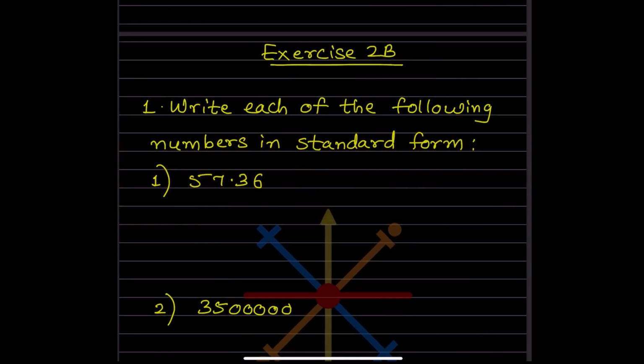To make it less than 10, after the single digit we'll put a decimal. So we write 5.736, and we have moved backwards by one place, so we write 10 raised to 1. So this is the answer.